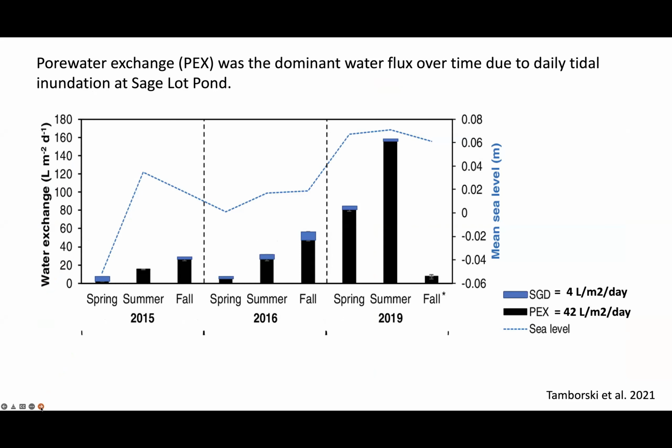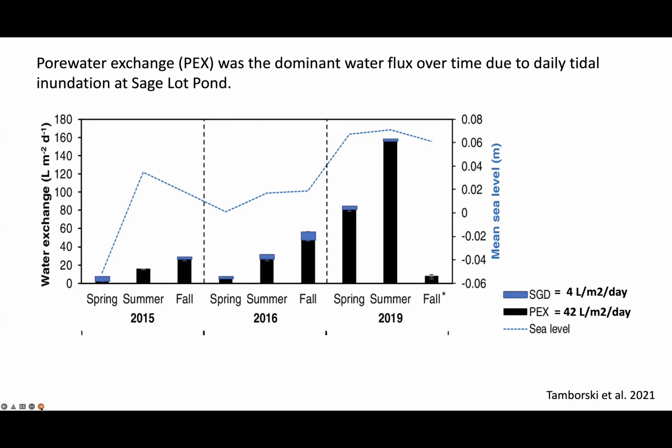And just to go a little bit in depth on how we know what the Porewater exchange is. This is data that was collected from the radium balance method. I won't go into how we do that, but we took radium isotopes at different time series, and we know what the export is, and we know what the groundwater concentration is.